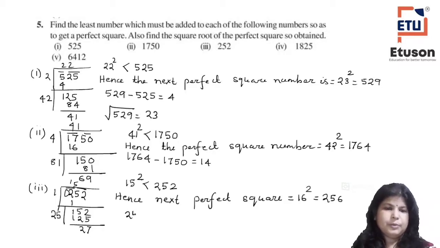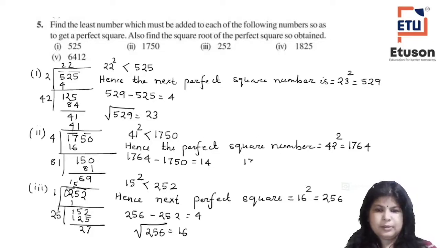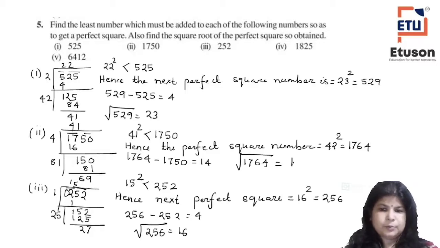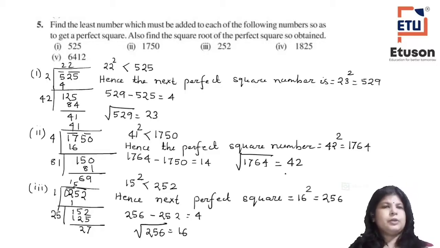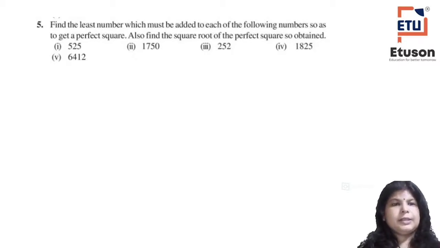So the number to be added is 256 minus 252, that is how much? That is equal to 4, and the square root of 256 is nothing but equal to 16. So similarly here also it is very clear. We have not written it. Let us write it. Square root of 1764 is equal to 42. Correct, children? Now let us go to the next problem.